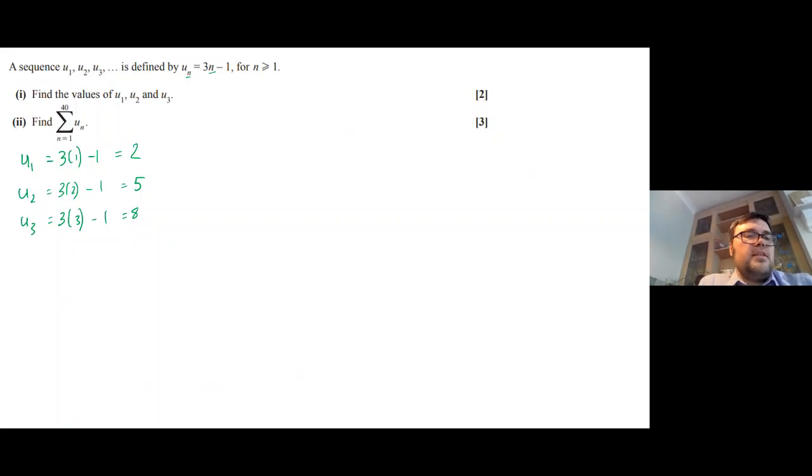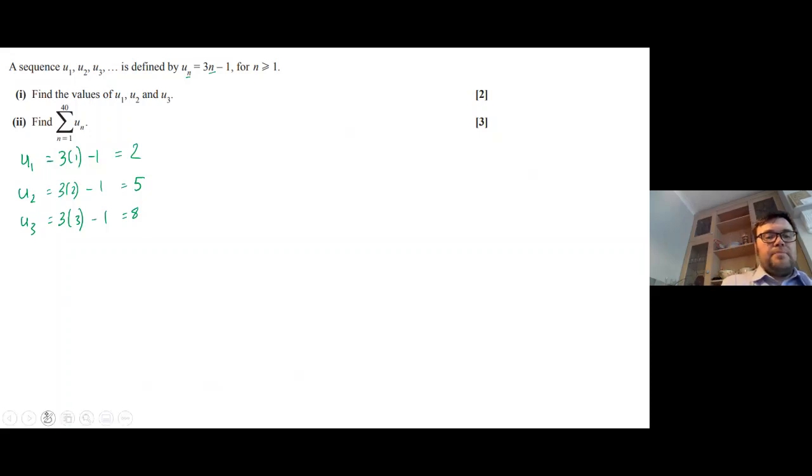Now it says find the sum. So sigma, most of you would have seen this when doing spreadsheets. Sigma stands for the sum of all of the terms, un, from n equal to 1 to n equal to 40.